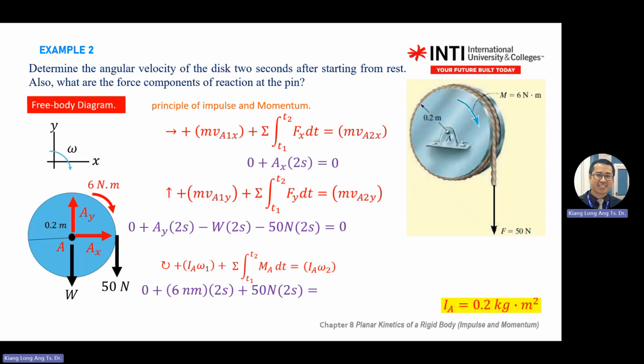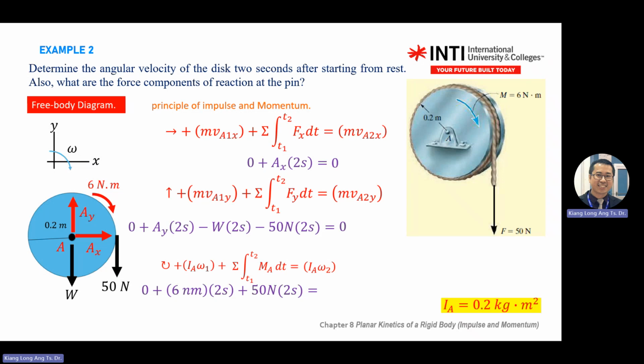So although you have 0.2 here, omega 1 is 0. Then MA multiplied by time. You are given the moment here. So this moment multiplied by 2 seconds.